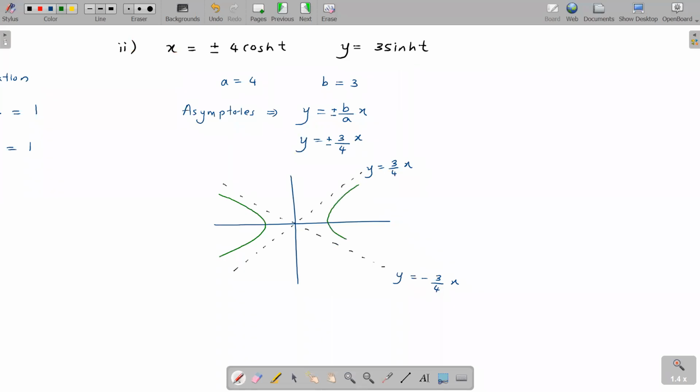And then the cutting points are at minus a and plus a. So this is how the sketch looks, the rectangle and the hyperbola. This is the standard hyperbola equation. Okay.